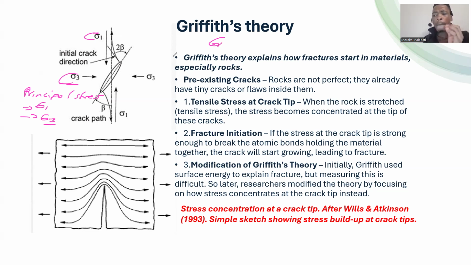But now, we also need to understand the crack path. As stress starts to increase, the crack will propagate along a path at an angle beta relative to the principal stress direction.